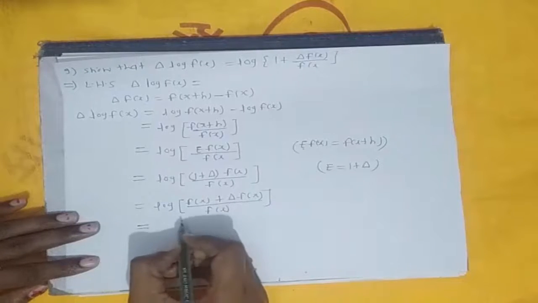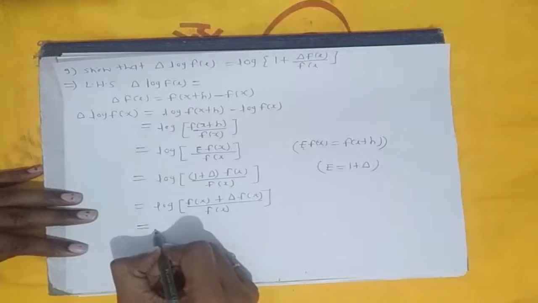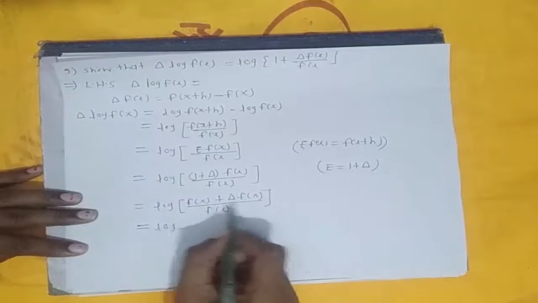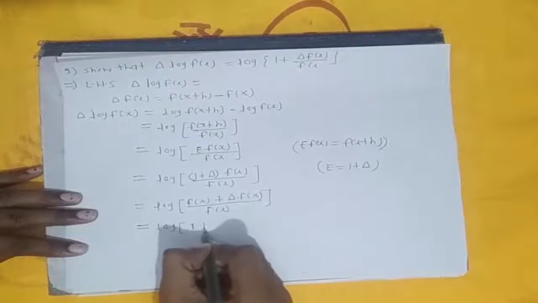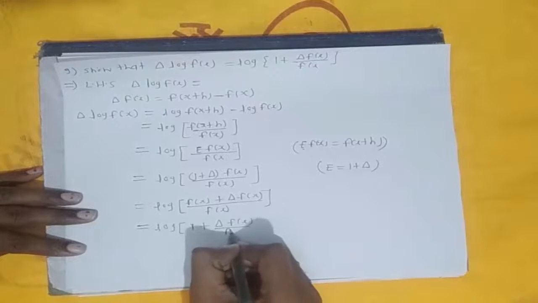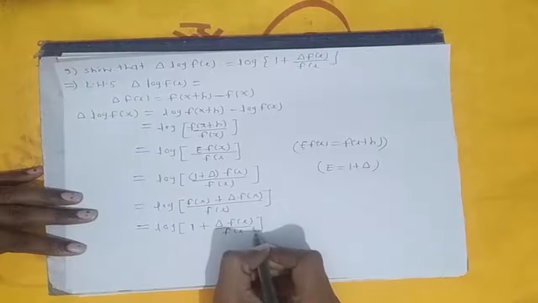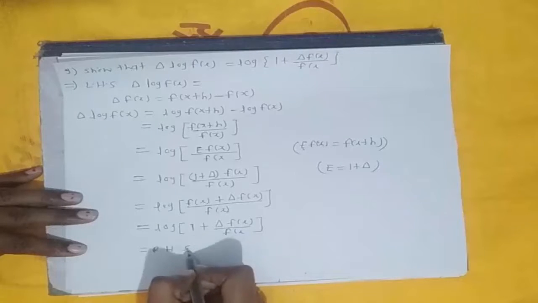Okay. So here is equal to, we get log of, if we separate this denominator, we get 1 plus delta f of x divided by f of x. Okay. And which is the RHS of the given equation.